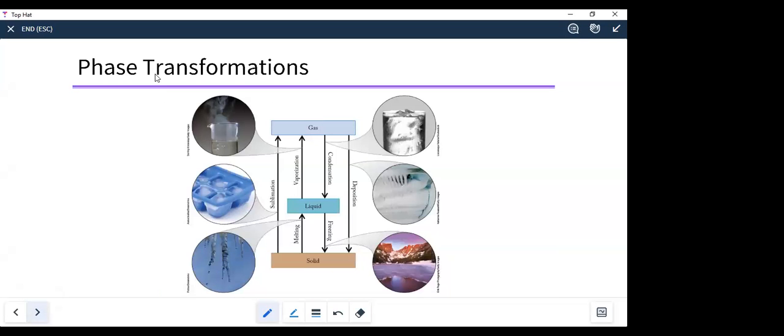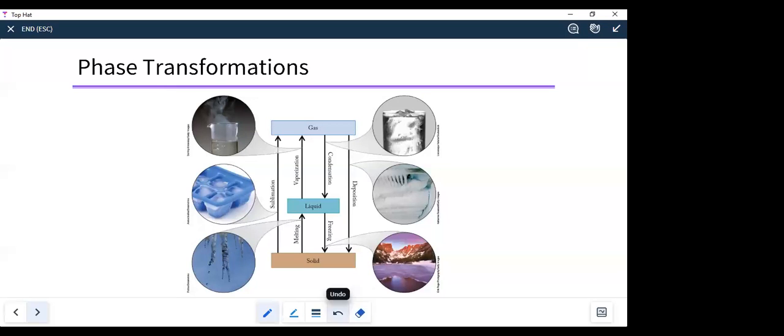When it comes to phase transformations, there are 6 in total. We are the most familiar with the one in the middle. Melting, when we have solid turning into liquid, freezing when a liquid turns into a solid. Condensation when a gas turns into a liquid, vaporization when a liquid turns into a gas.